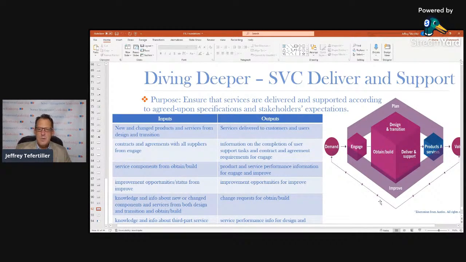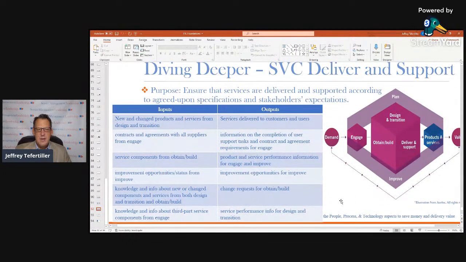Always have those improvement opportunities. And even the bottom one, the knowledge and information about third-party service providers and service components that we get from knowledge and support, we need to push that back upstream for our design and transition.